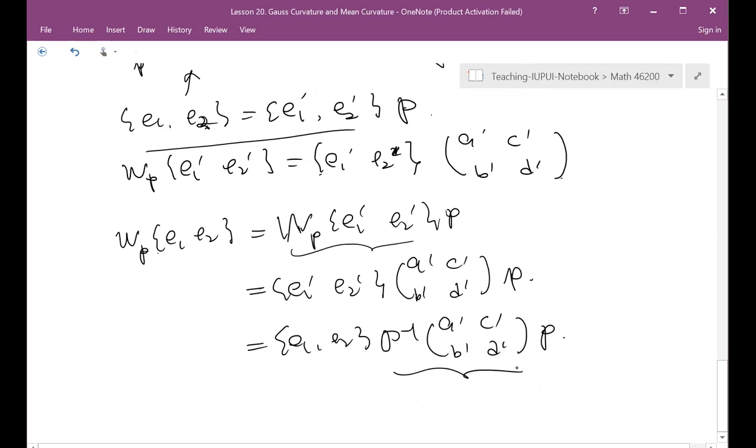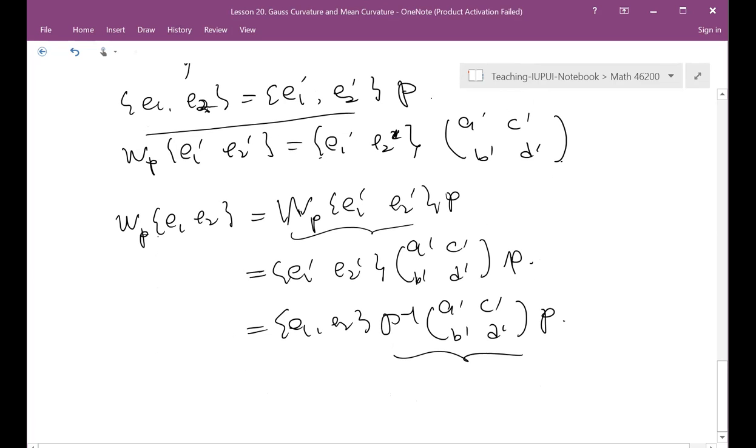Because W has never been changed, only the basis is changed, A, B, C, D is going to be related to the primed matrix.